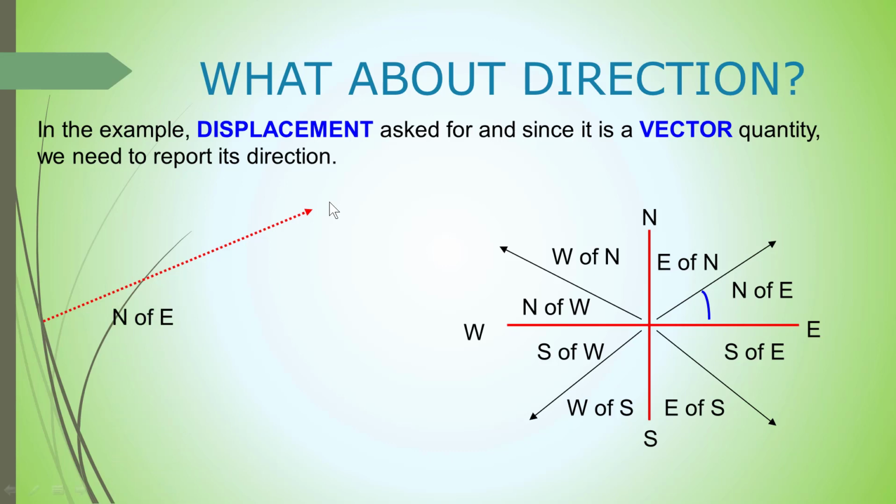It is basically north of east. We have to take the angle with the positive x-axis, so it is directed north of east. When we study that in detail further, it will be more clear to you.